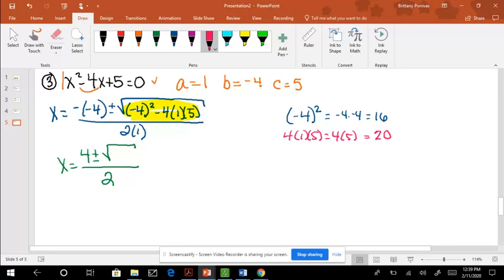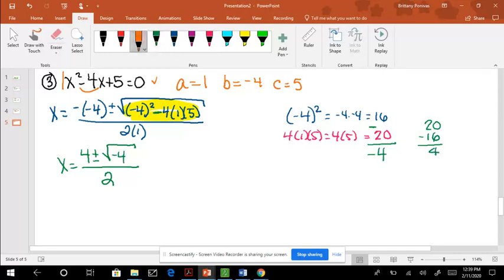So negative 4 squared gives you 16. 4 times 1 times 5 is 20. And you're subtracting because there's subtraction in the equation. If it's 16 degrees outside and it drops 20 degrees, it's going to be a negative temperature. And then you just subtract them like normal. Negative 4.